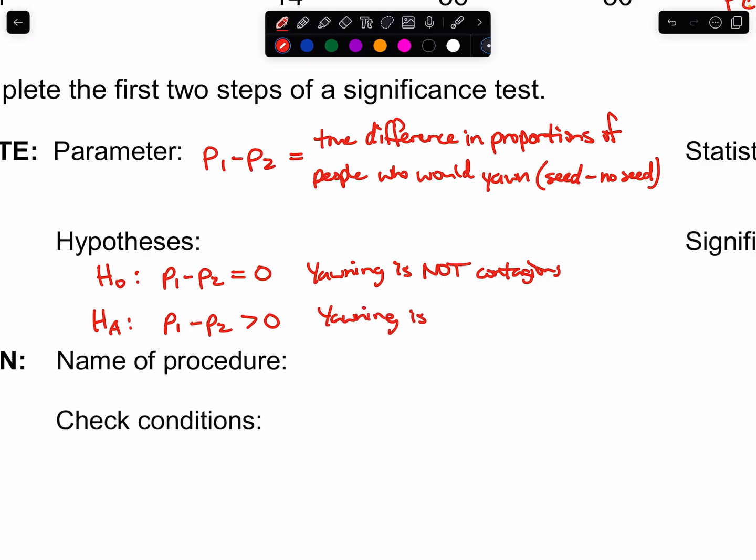That the people who were exposed to yawning had a higher proportion. Okay, that's why it's not just does not equal 0. In this case, we want specifically greater than 0, because I want to show that these people in that first group that were exposed to somebody yawning were more likely to yawn, right? I want their percentage to be higher.